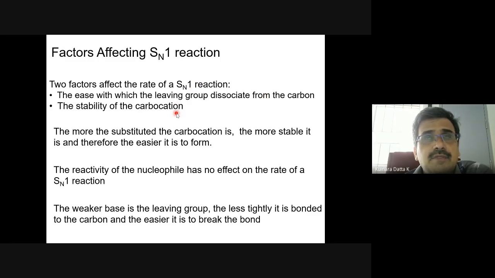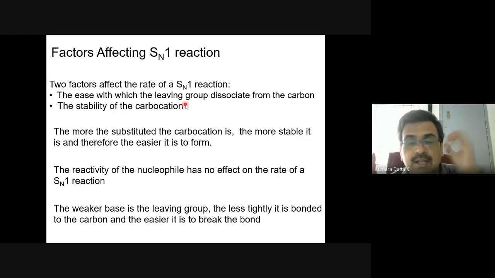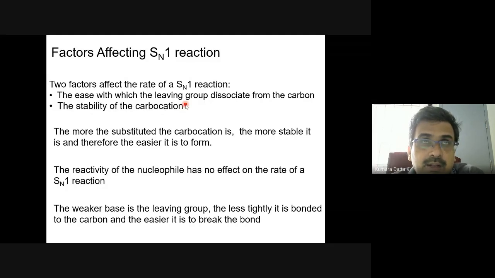That is a very important factor. The easier the leaving group leaves, the more stable the carbocation forms. When I say the term stable, it is not product stability, it is that the carbocation is very eager to catch a nucleophile. That is what I mean by stability.